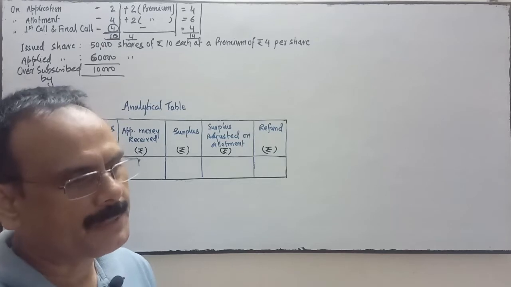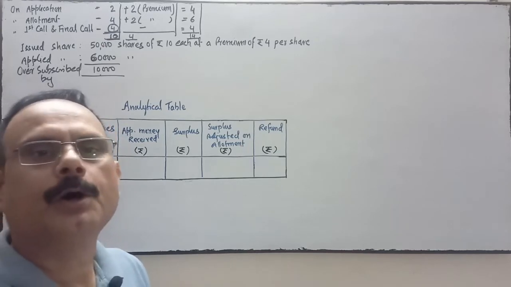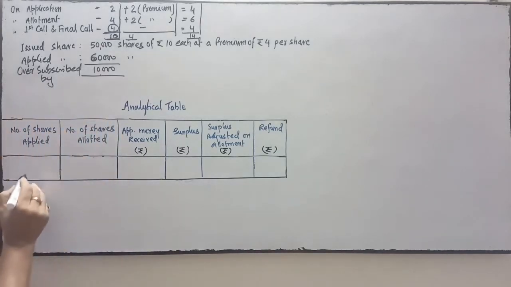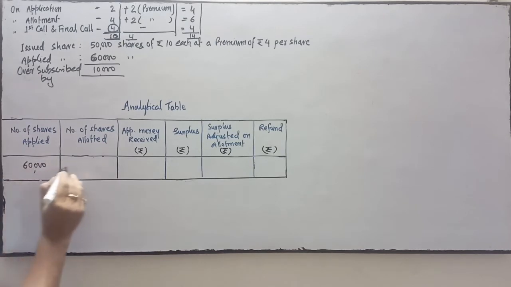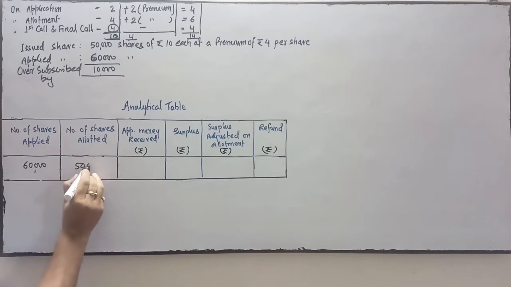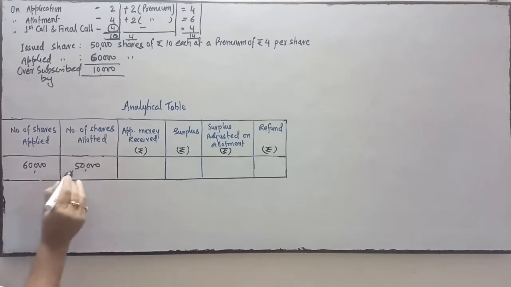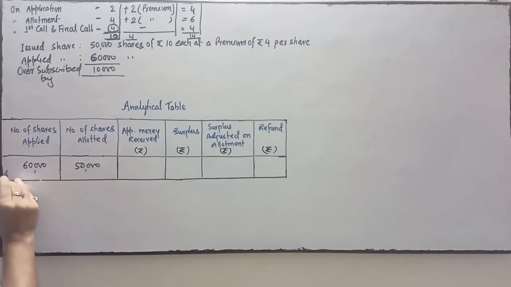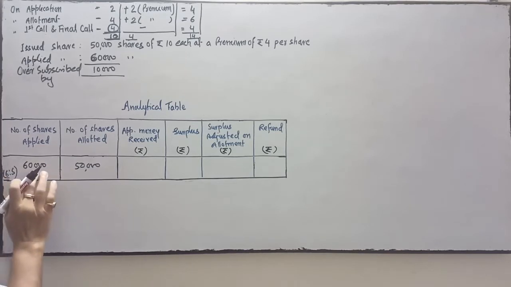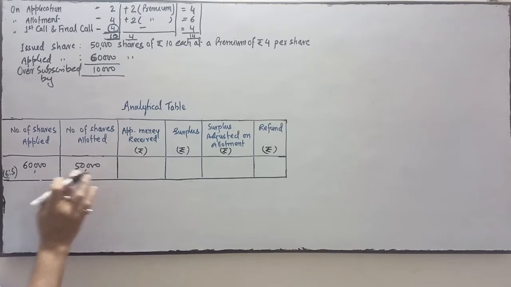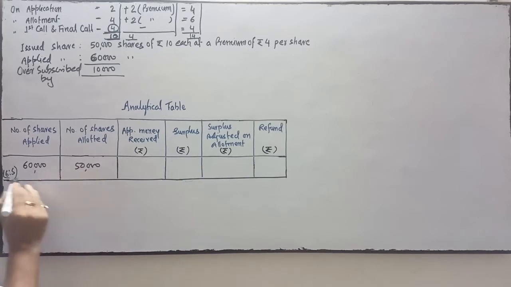outrightly. The company is going to allot the shares on pro rata basis. It means 60,000 shares are applied by the public, so the company is going to allot 50,000. So the ratio is 6:5.